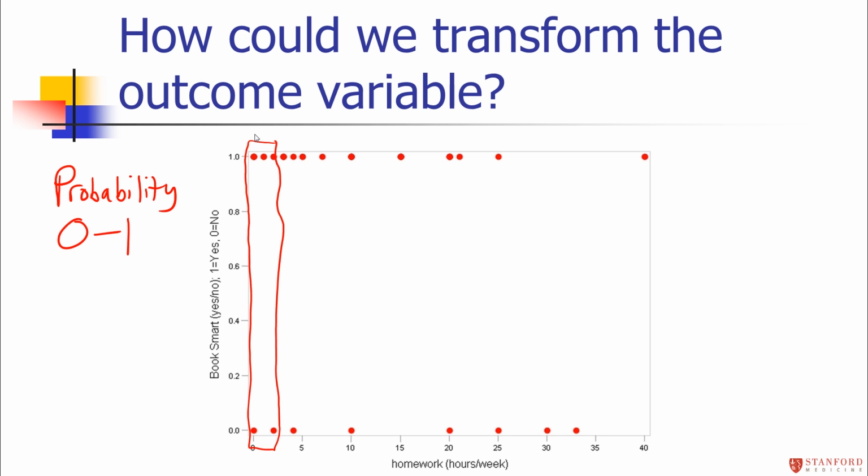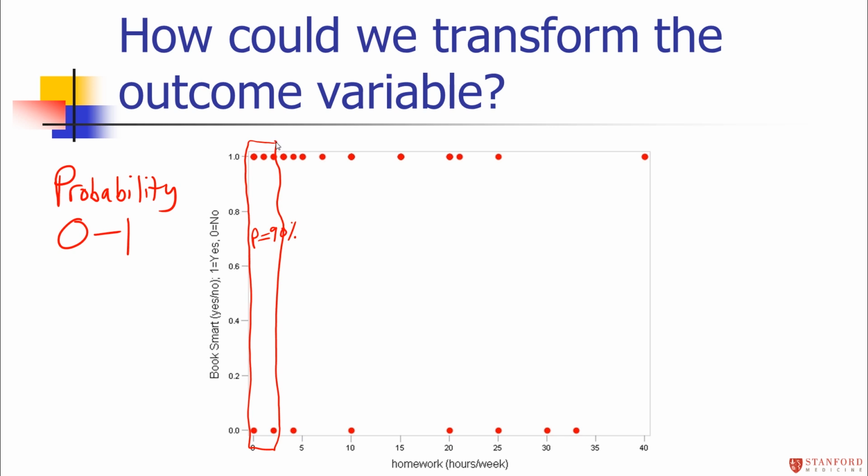Since some of these dots are overlapping, I can't do it exactly from the graphic, but let's say, I'm just making this up, that 90% of those 10, 9 out of 10, considered themselves book smart rather than street smart. Now I've got a probability rather than a 0, 1.